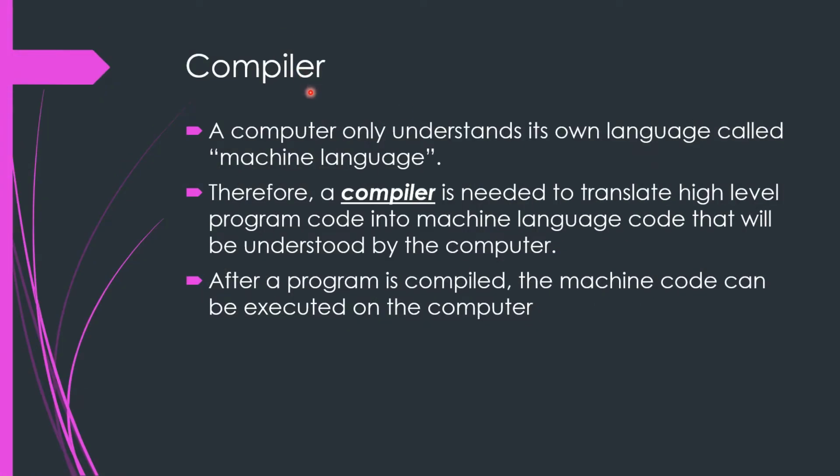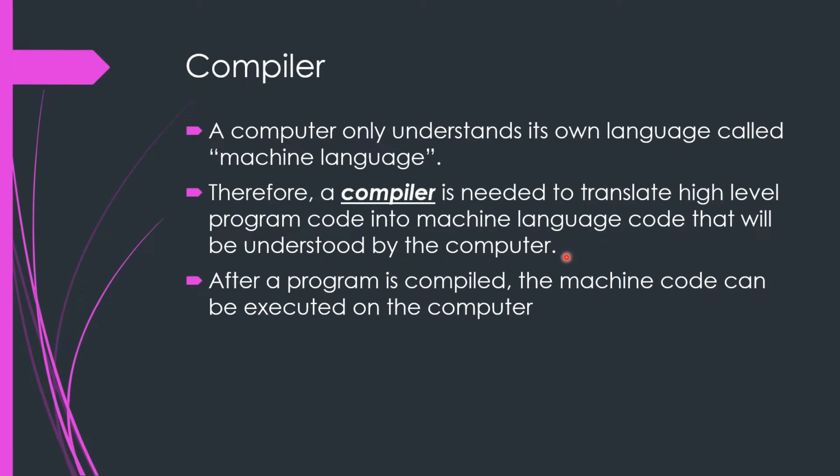Now let us understand what is compiler. A computer only understands its own language called machine language. As we know that computer is a machine and it does not understand the ordinary human language, it only understands the machine language. Therefore, a compiler is needed to translate high-level program code into machine language code that will be understood by the computer.